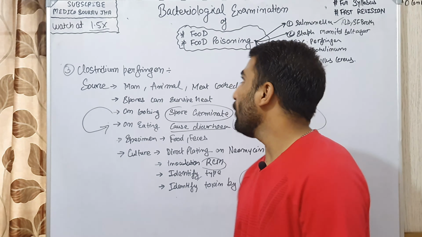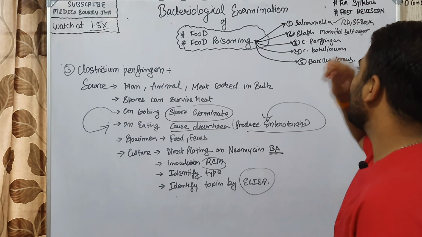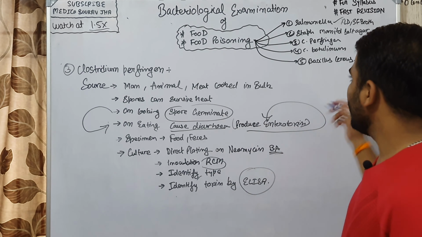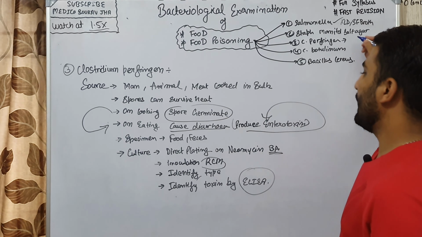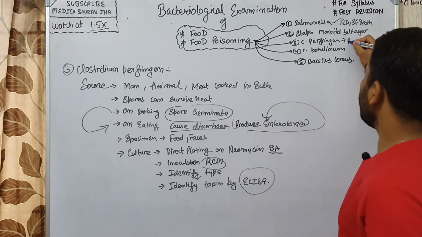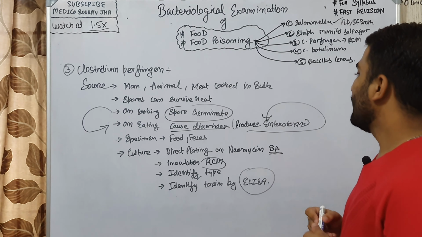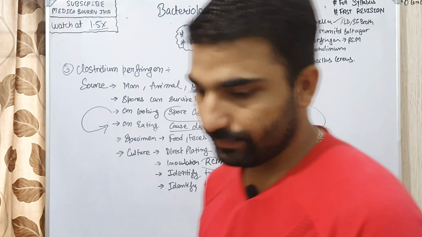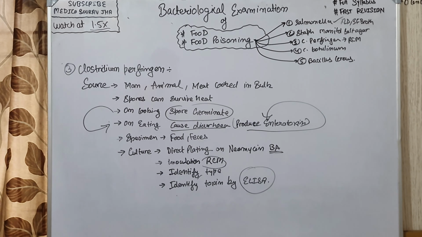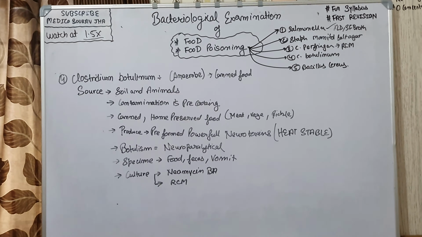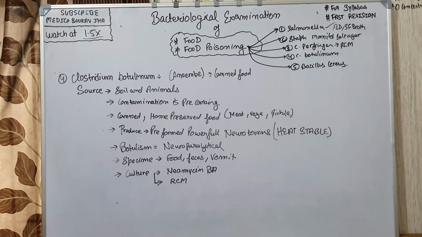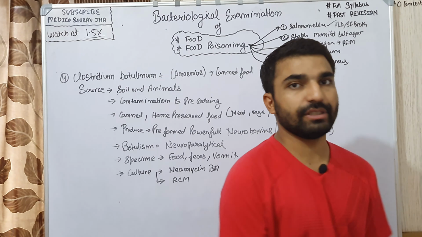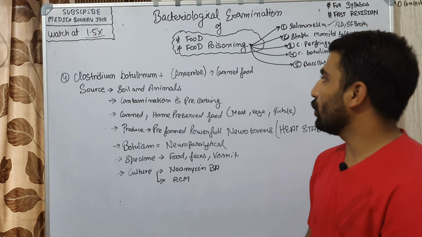Now we will move towards the next bacteria, which is botulinum. I am writing here side by side which medium is used for its growth. Now we are on the next bacteria which can cause food poisoning, which is Clostridium botulinum.